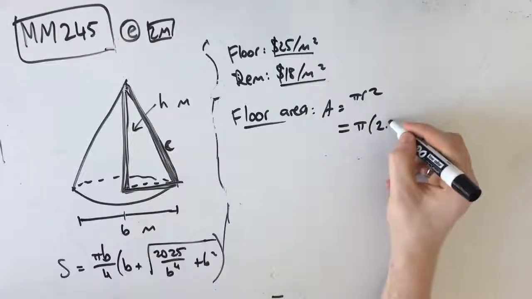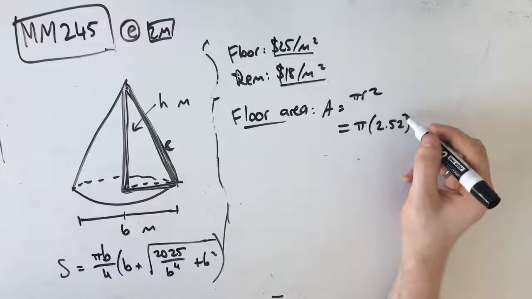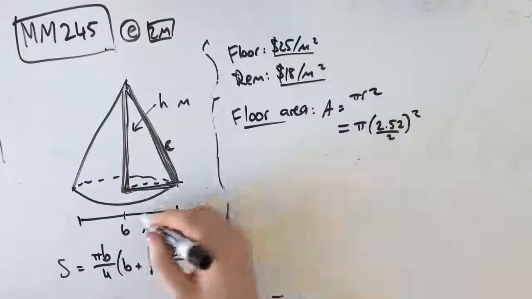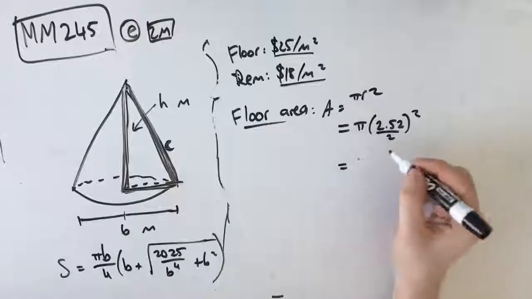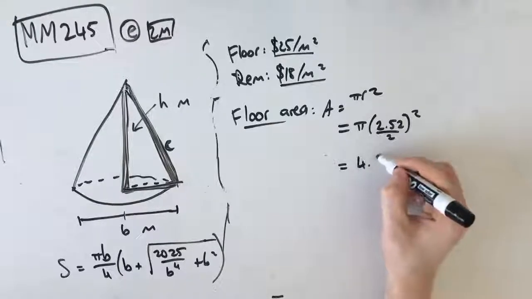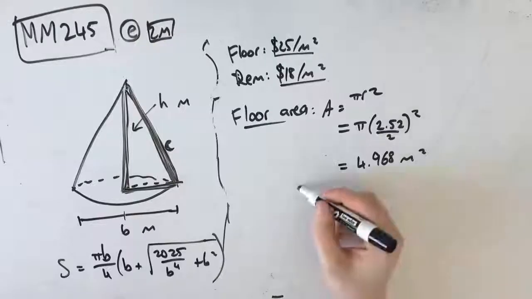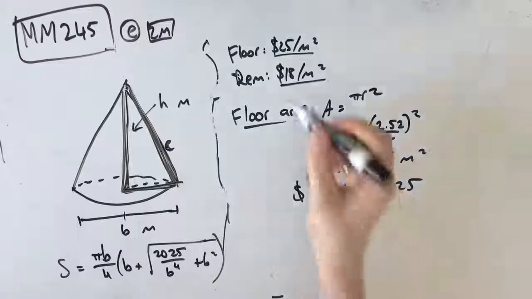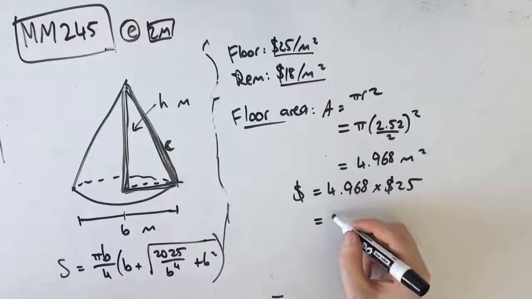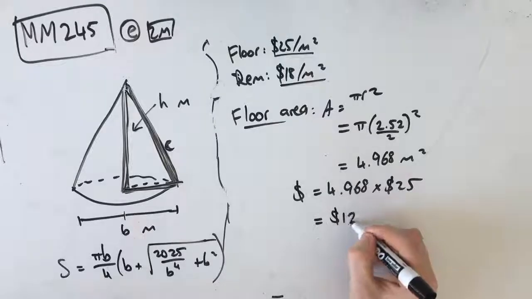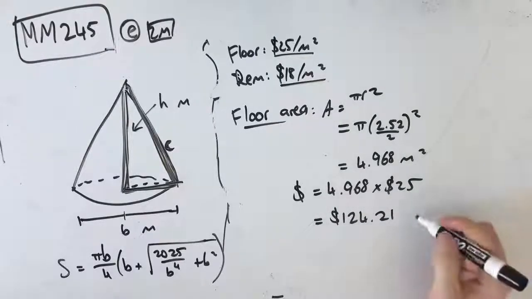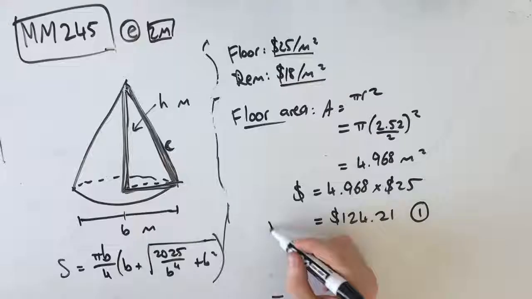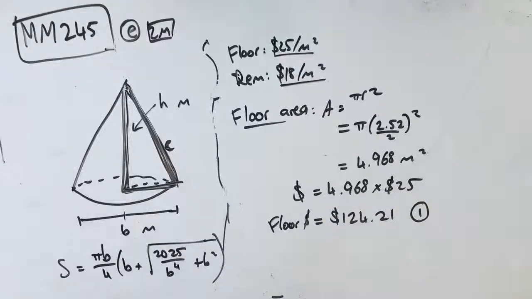We know that for this tent, our radius is equal to 2.52 over 2, because our b value is 2.52, so that divided by 2 is our radius. Which means our area is 4.968 meters squared, so our cost for that is 4.968 times $25, because it's $25 per square meter. From that we get $124.21, which is our first mark. So our floor cost is 124.21.